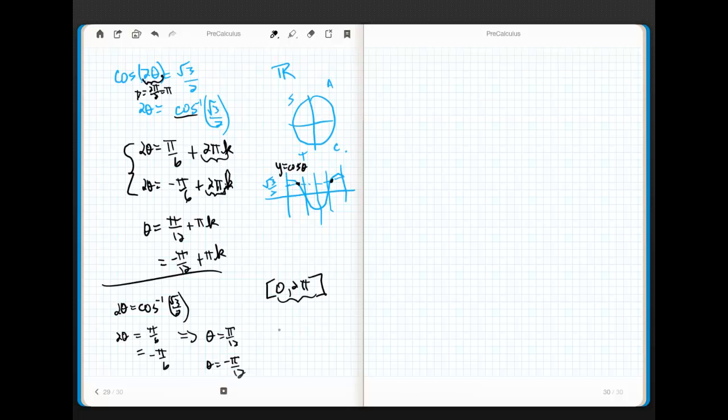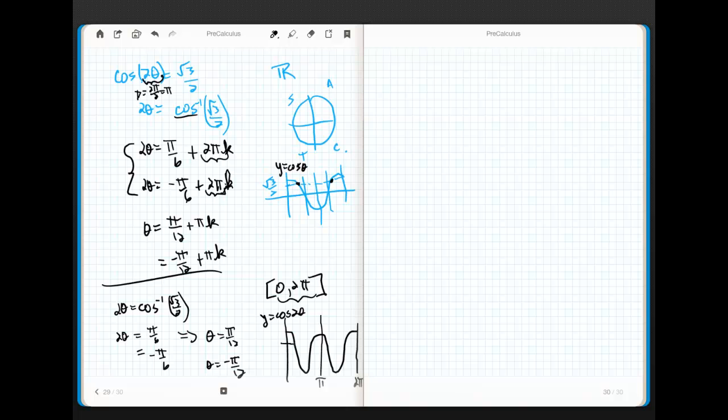So here's what we have to think about. There's a number of ways to do this, and I'll show you all of them. Remember, if I do y equals cosine of 2 theta, that tells me that I'm going to get my cosine to do 2 full laps from 0 to 2 pi. So now this is pi, and this is 2 pi, right? And I'm looking for when this guy slams into root 3 over 2.